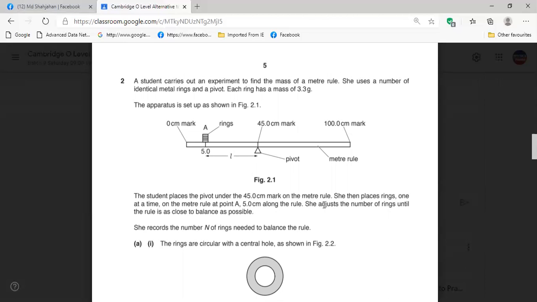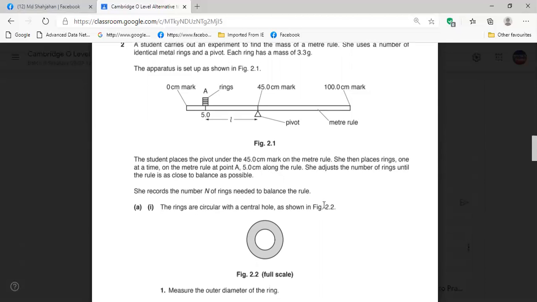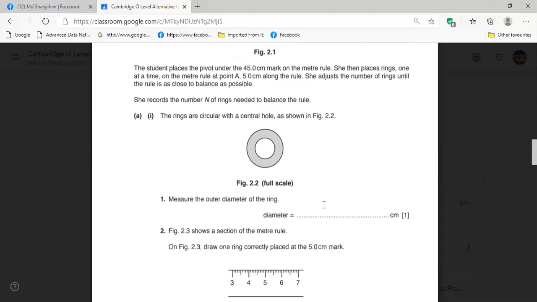The student places the pivot under the 4.5 centimeter mark on the meter rule.